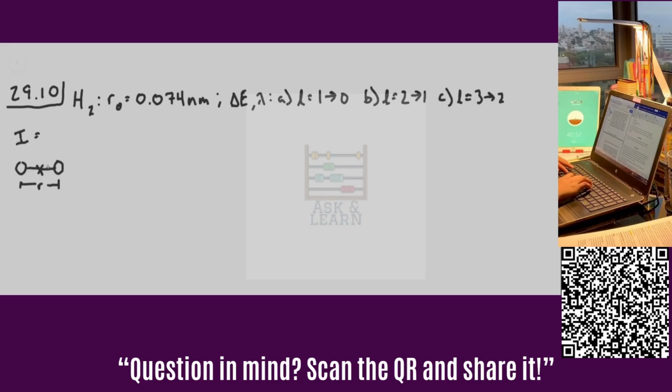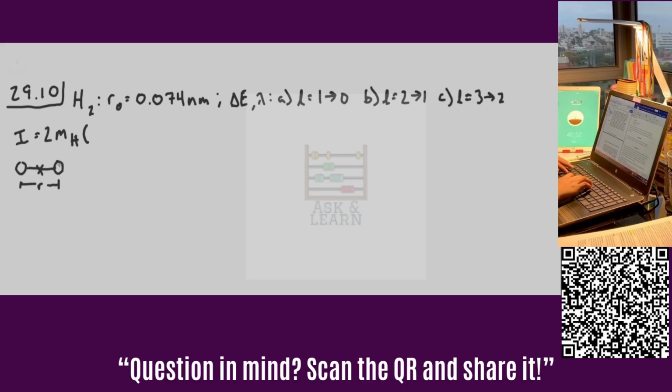And since we're considering it rotating about its center of mass, then, well, first of all, we're going to have 2, because we have a point rotating about some axis and another point rotating about the same axis, and they just add. And then, of course, the mass of a hydrogen atom.